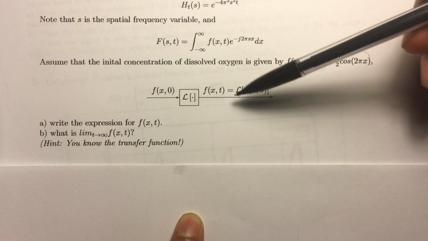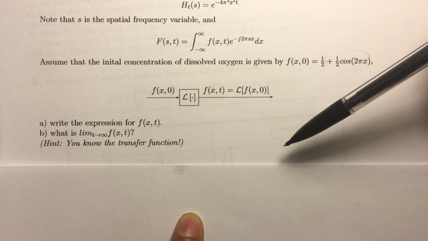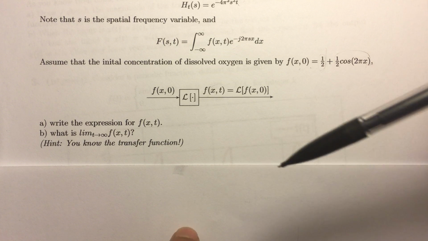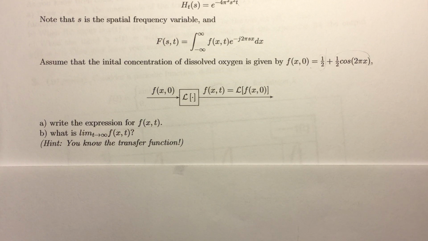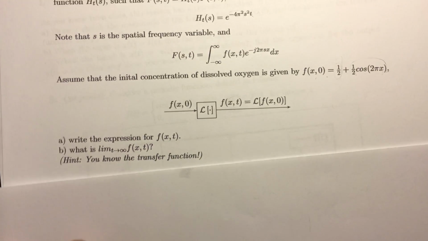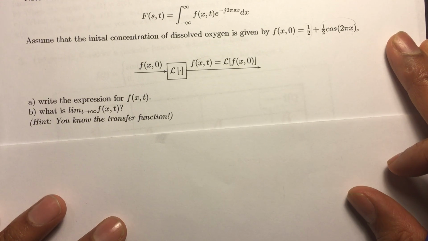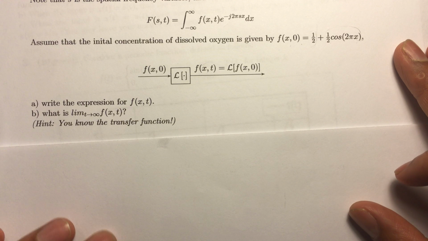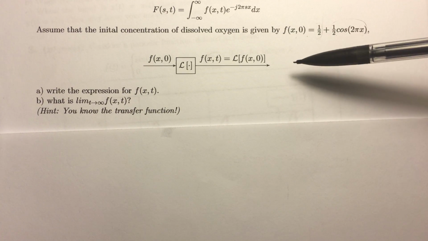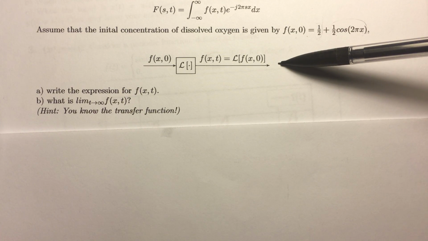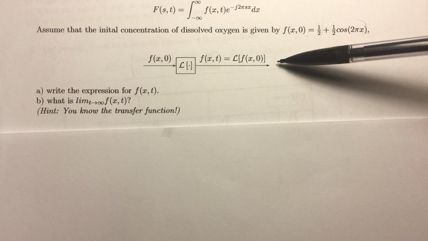It gives us the concentration at some later time t. So we could solve this problem doing a convolution. Okay, that would be probably the more difficult way to solve it.